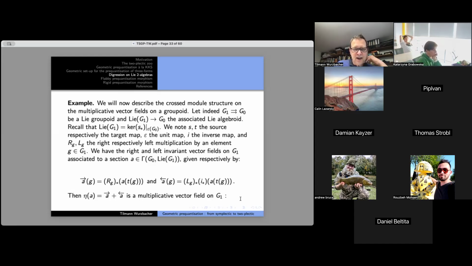So I take a section A of the associated Lie algebroid, and then I take, well, I should write even an epsilon here. I suppress the epsilon. I take an element G and I want to understand what is the right invariant vector field.